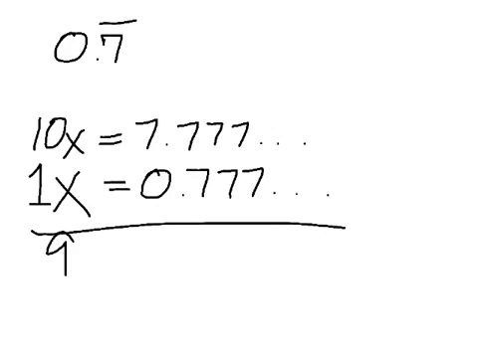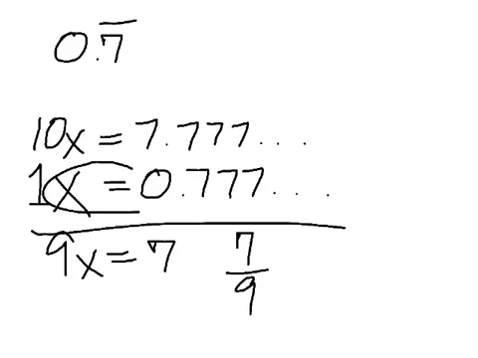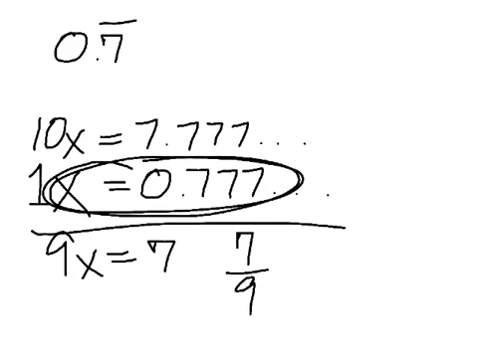And when you subtract, you have 9x equals 7. So x equals this, the 0.77. But that's not what we're trying to find. We're trying to find 7/9. Eventually, x will equal 7/9. But to start out with, it's 0.7 repeating.